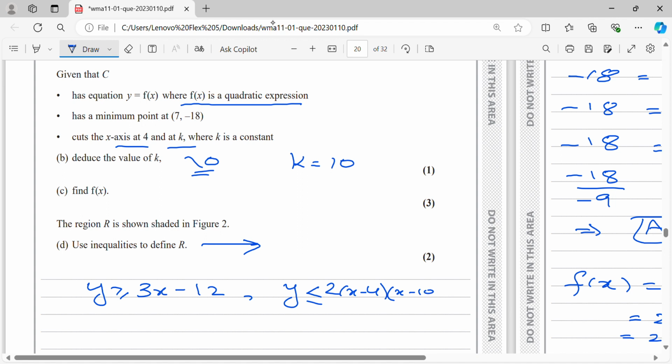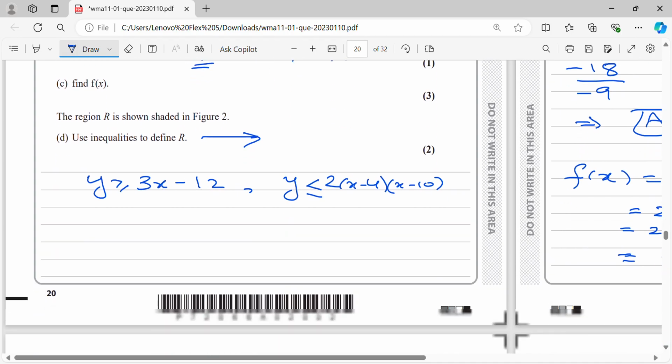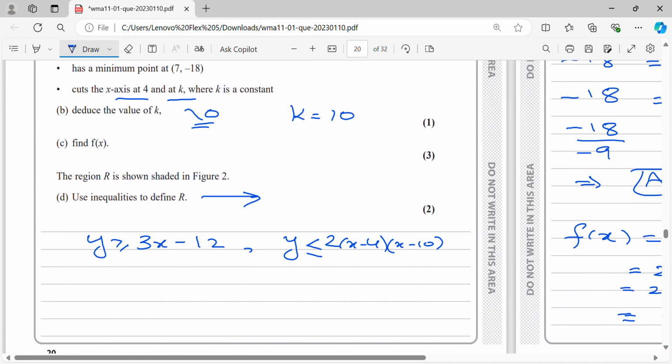If you want to write the common region, the region is shaded greater than and less than, so y is less than or equal to 2 into x minus 4 and x minus 10, and greater than or equal to 3x minus 12.